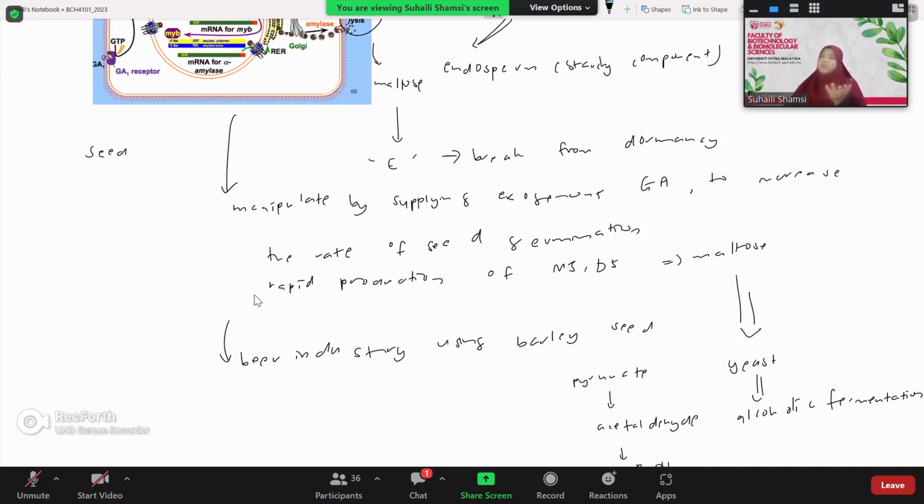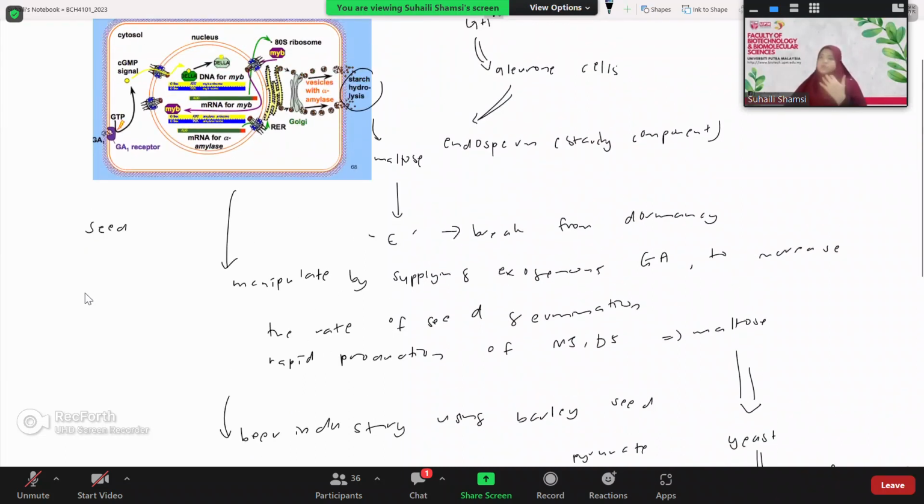And gibberellic acid can cause an increase in expression of genes for different types of amylases. We have identified four amylases with different pI values, right? When they have different pI values, they will be activated at different times, all right?